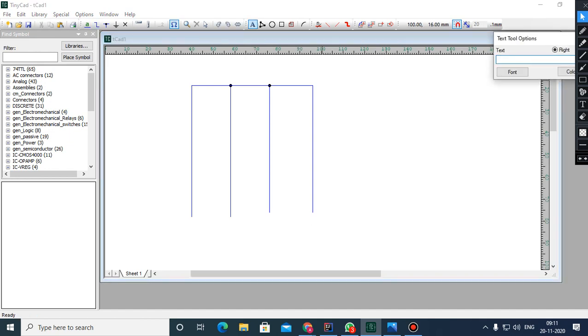The first is A and the second is B. And here I am writing minterm.